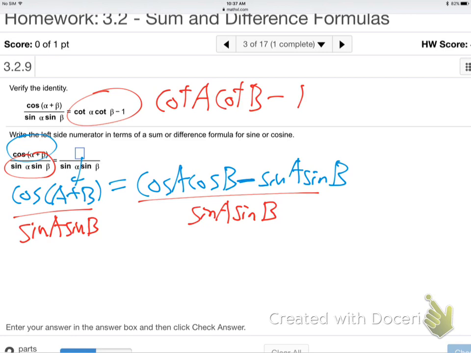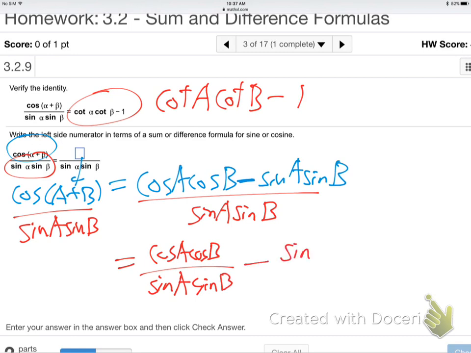You could split the fraction. Exactly. That's two things separated by plus or minus over a common denominator. Separate them. So cosine A cosine B over sine A sine B minus sine A sine B over sine A sine B. Good so far. I just separated them.